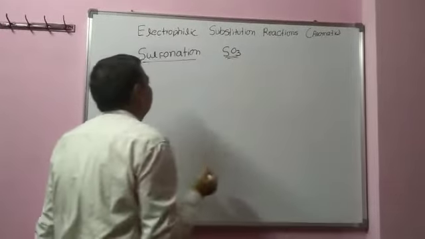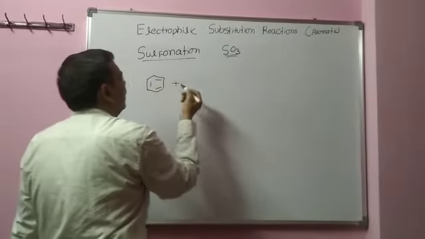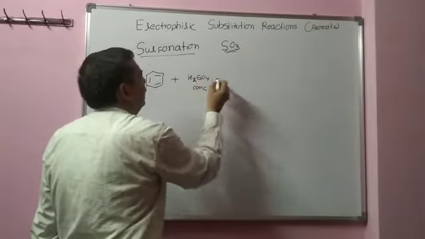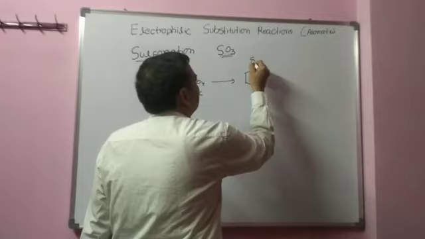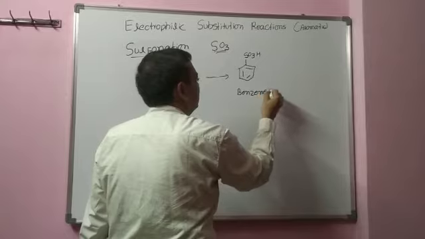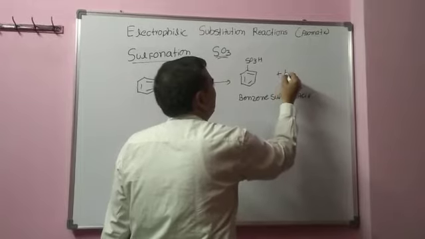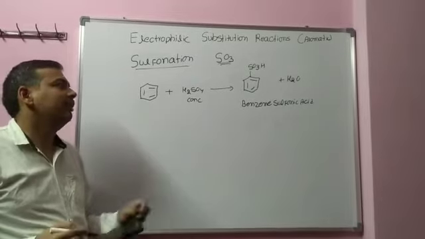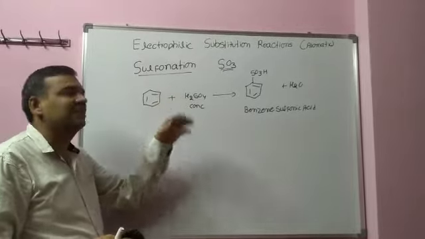When benzene reacts with concentrated H2SO4, it gives benzene sulfonic acid as the product, and water is the side product. It is an electrophilic substitution reaction, so one electrophile displaces the other electrophile.